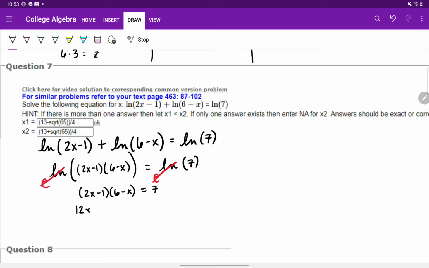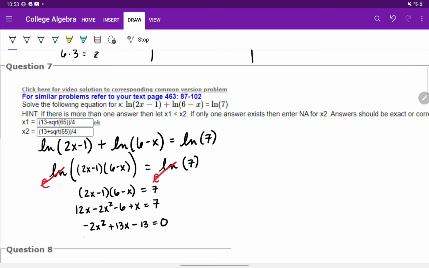So when I FOIL, I get 12x minus 2x squared minus 6 plus x equals 7, which is negative 2x squared plus 13x minus 13 equals 0.